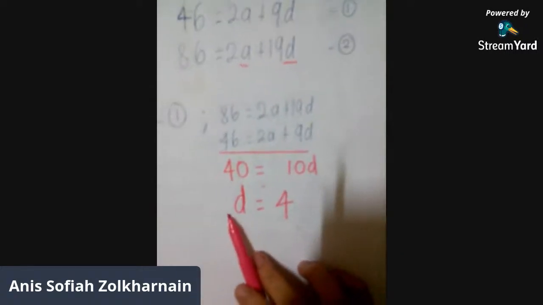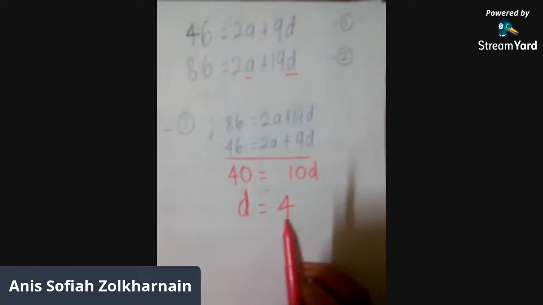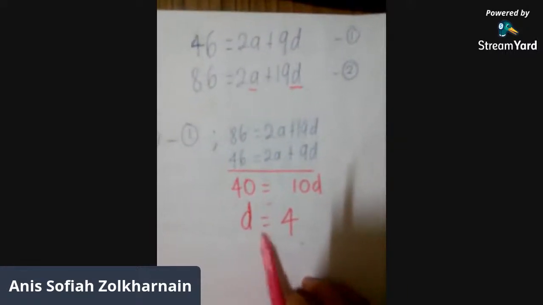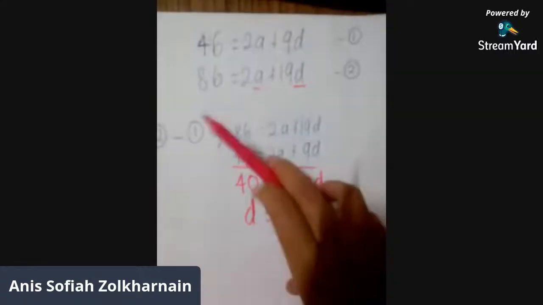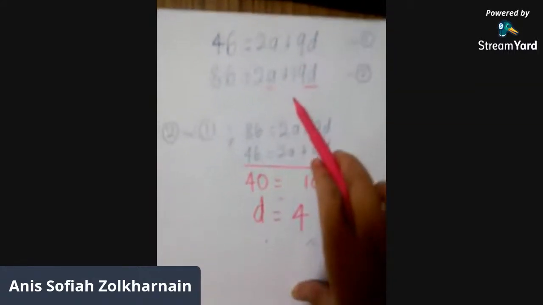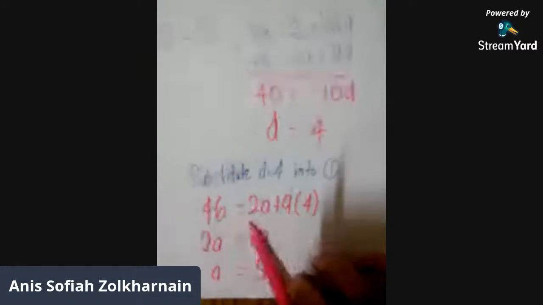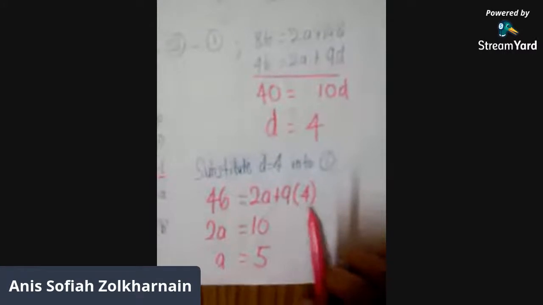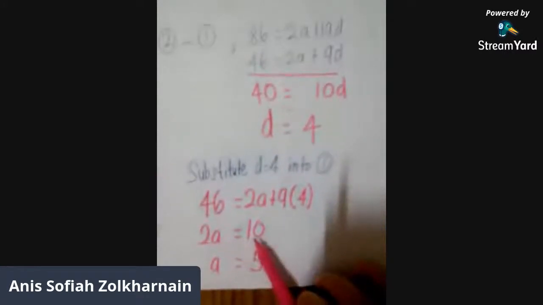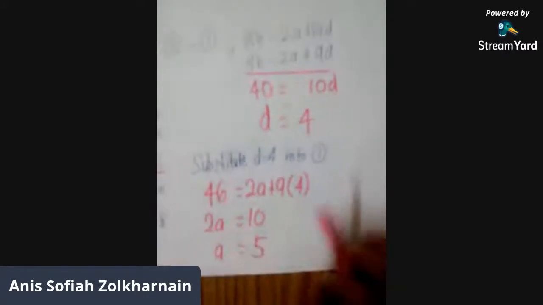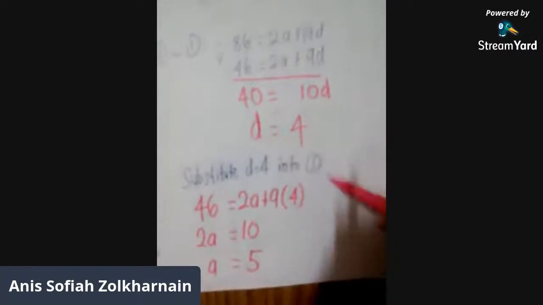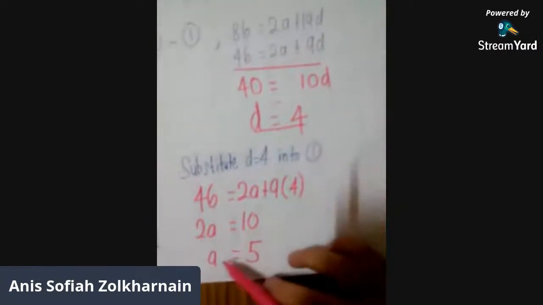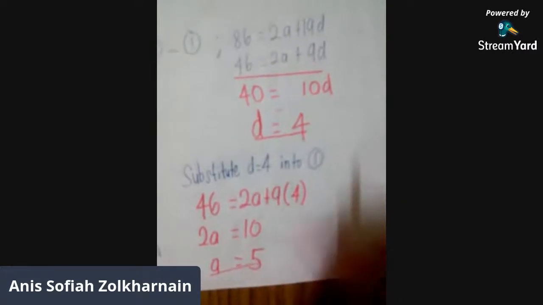So we already have the value of d. So we substitute the value of d into one of these equations, equation 1. 46 equals 2a plus 9 in bracket 4. So 2a equals 10, a equals 5. So here is the final answer. d equals 4 and a equals 5.